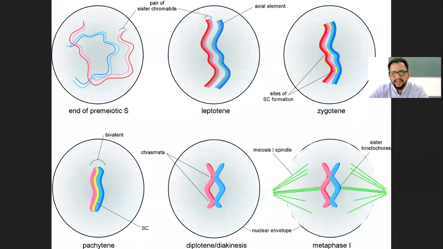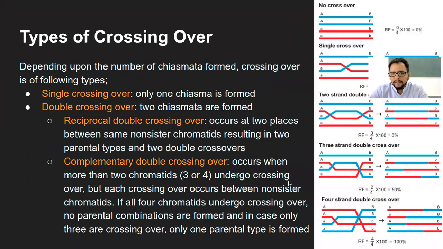These were just diagrams to show you the different stages and how they look. Then we also looked at the types of crossing over. Single crossing over means only one chiasma is formed. Double crossing over was of several types, where two chiasmata are formed.